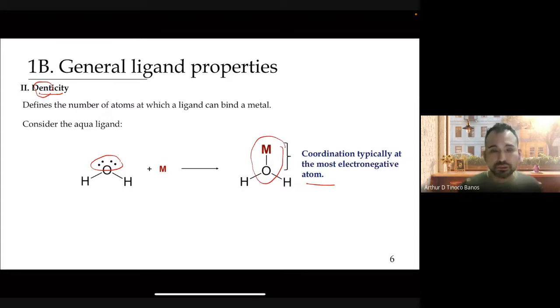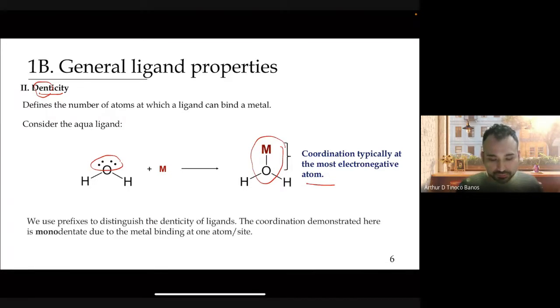We know oxygen in the water molecule is the most electronegative atom. Then we use prefixes to distinguish the denticity of the ligands. Here we have a one-point contact between the oxygen and the metal. So the coordination demonstrated is referred to as monodentate, again because of the metal binding at one atom site.